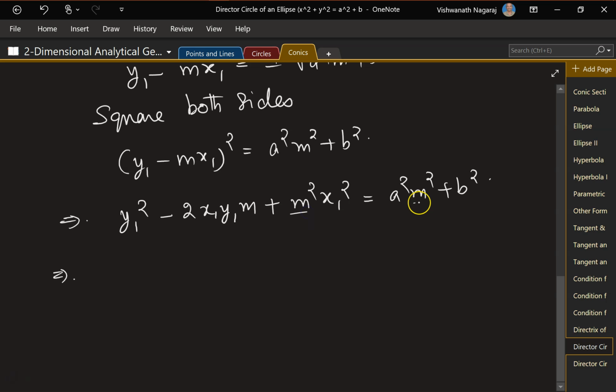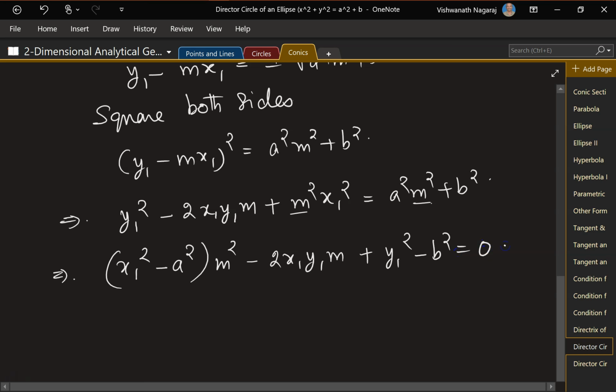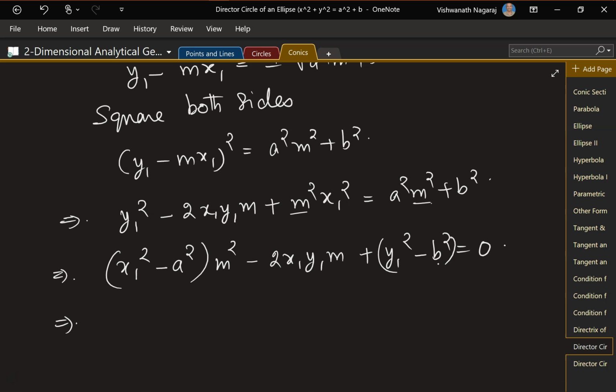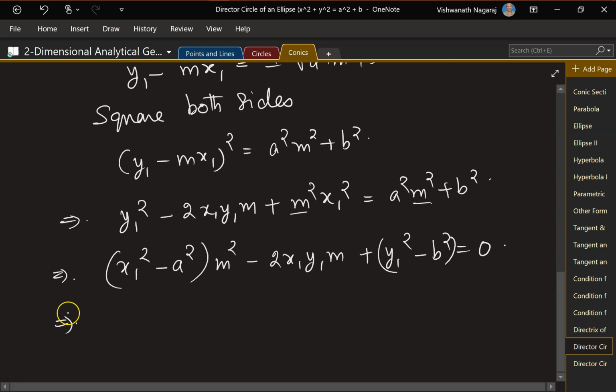Now collecting the m square terms, we get x1 square minus a square times m square, minus 2x1 y1 m, plus y1 square minus b square, equal to 0. These are constants, so we take them together, which means we have ended up with a quadratic equation in m.